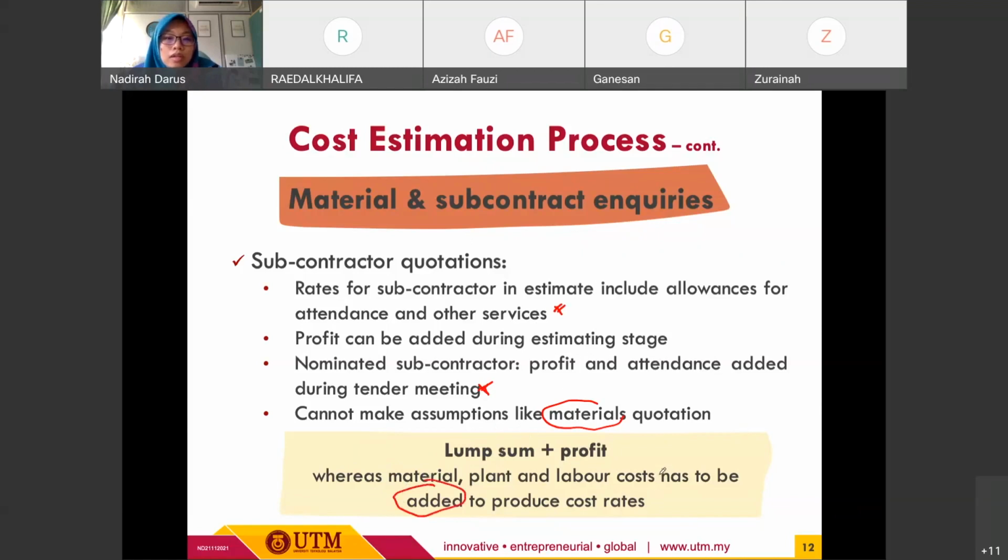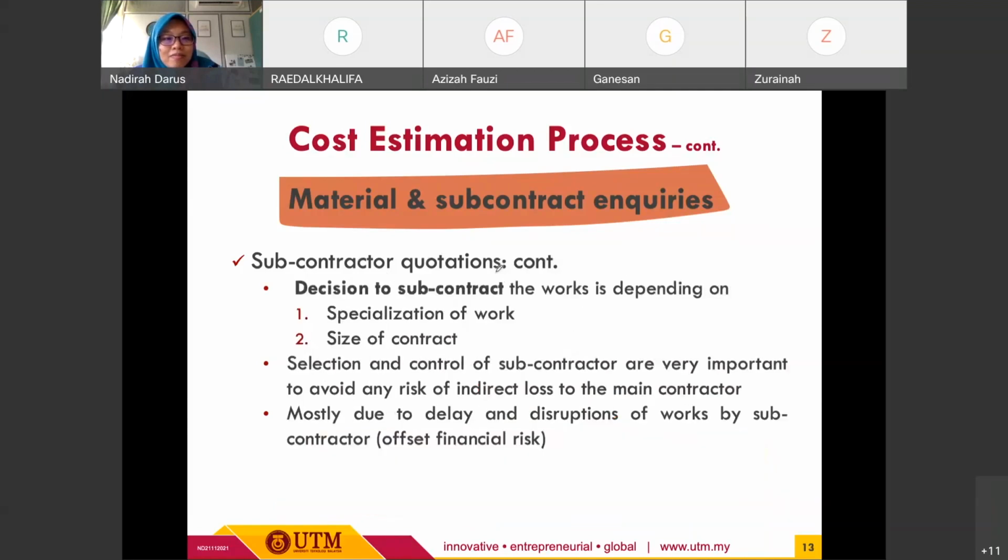That's why they need to wait for the subcontractor quotation as compared to the material quotation. Okay, so far, is it clear? All right.